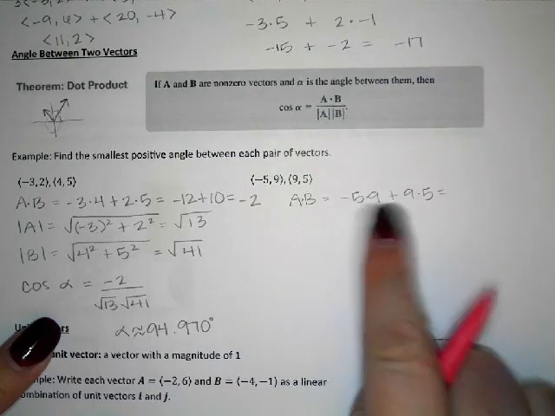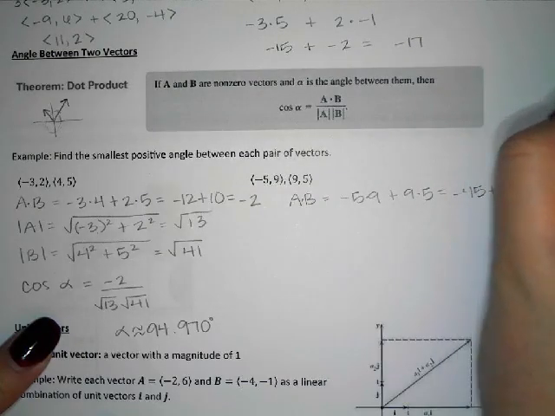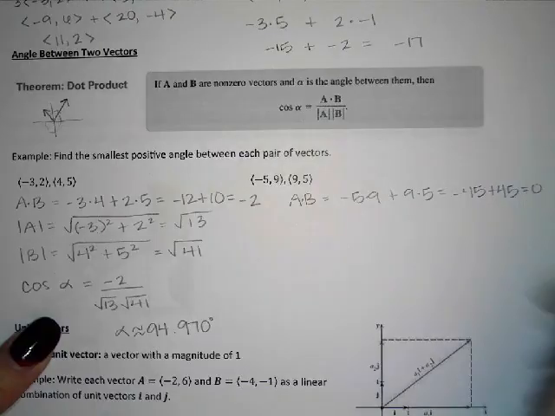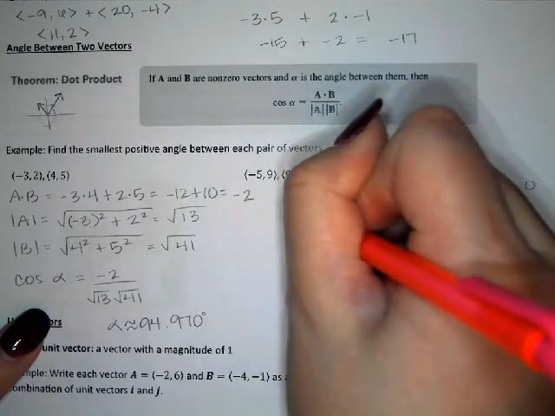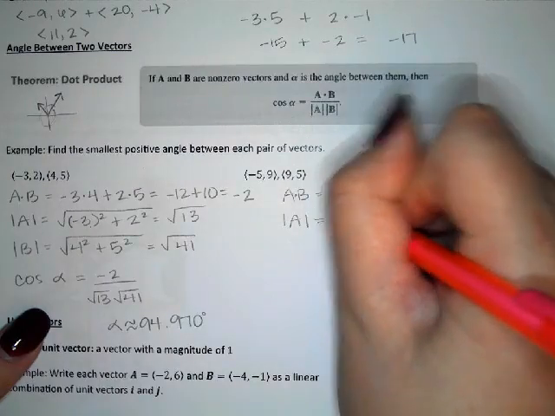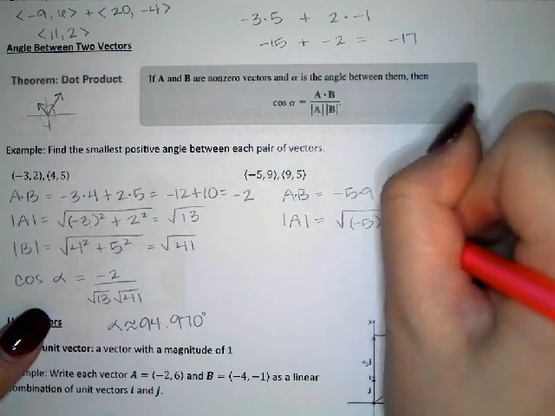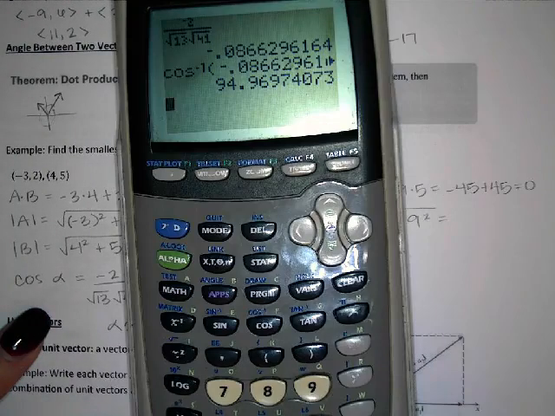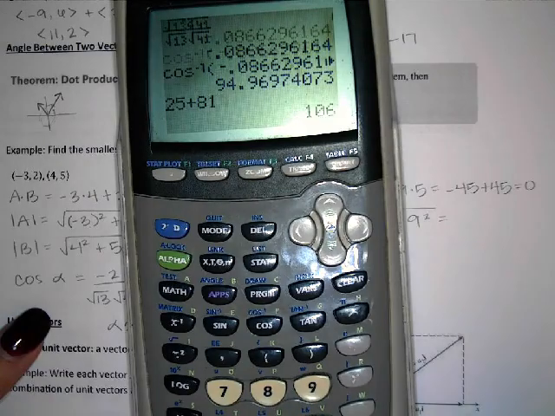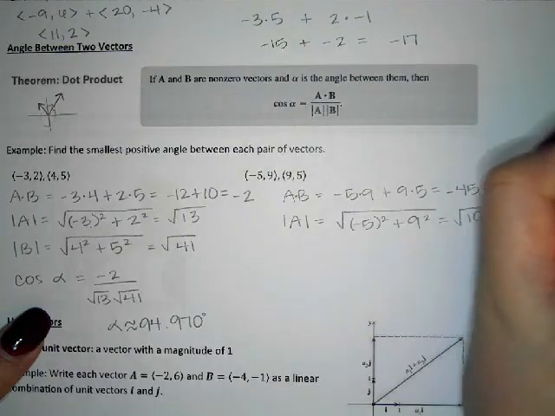And then the magnitude of A, -5 squared plus 9 squared, so 25 plus 81, 106. So the square root of 106. The magnitude of B is going to be the same because it's just the square root of 9 squared plus 5 squared. It's the same.